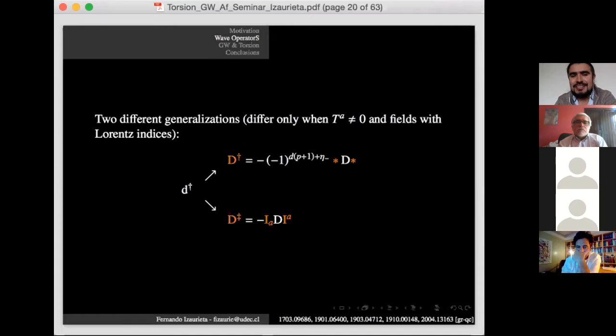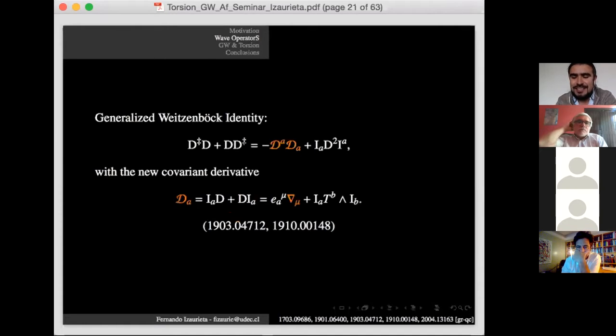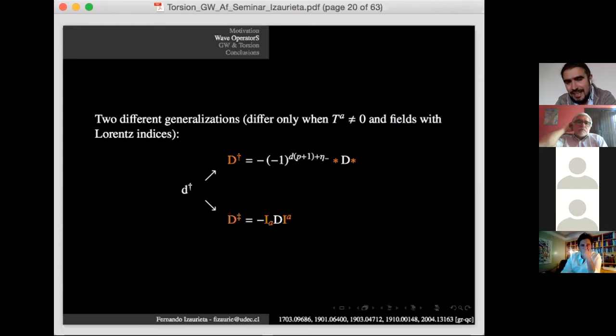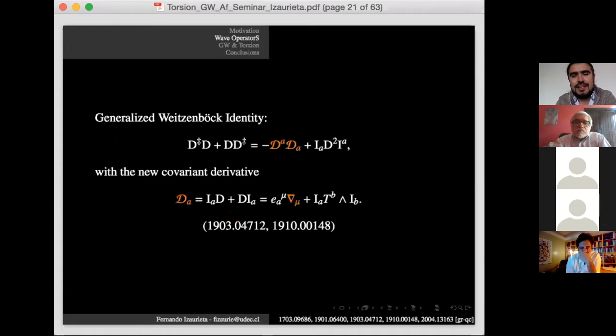And the strange thing here is that this alternative, at the second line, offers a Weitzenböck identity, which can be written in a very practical, aesthetical way.